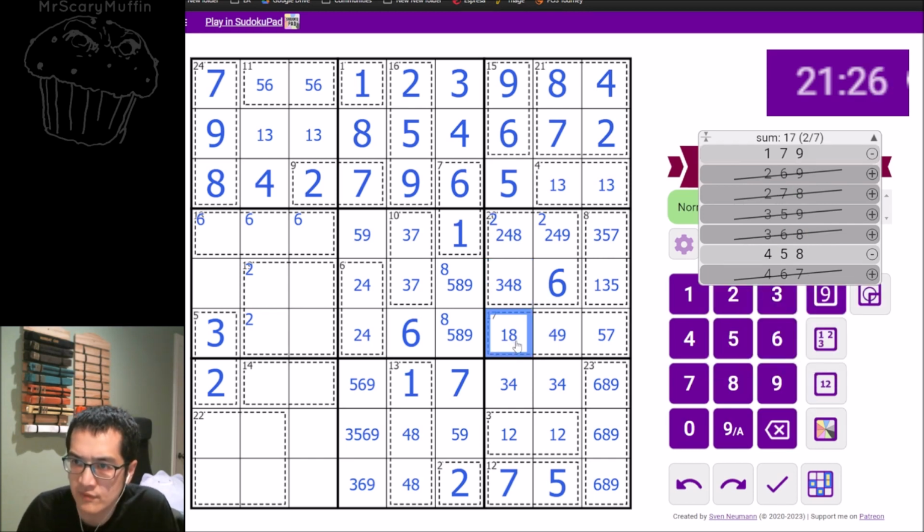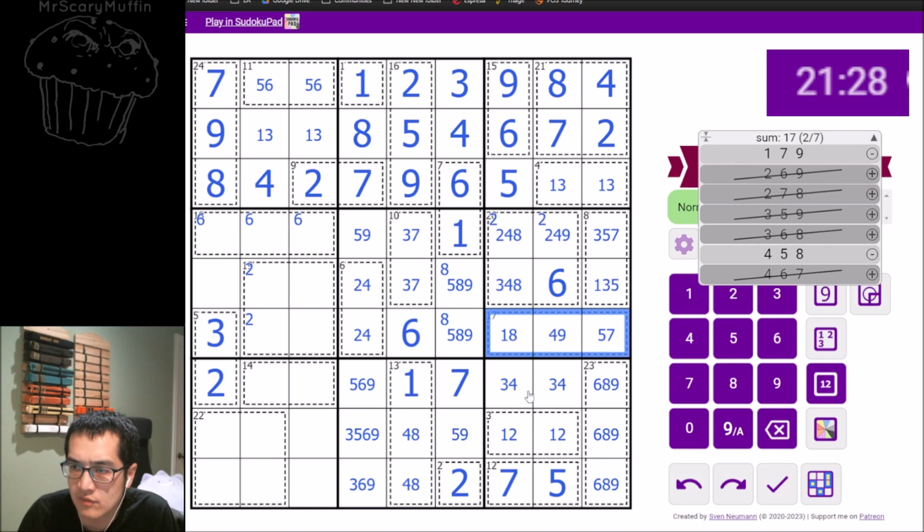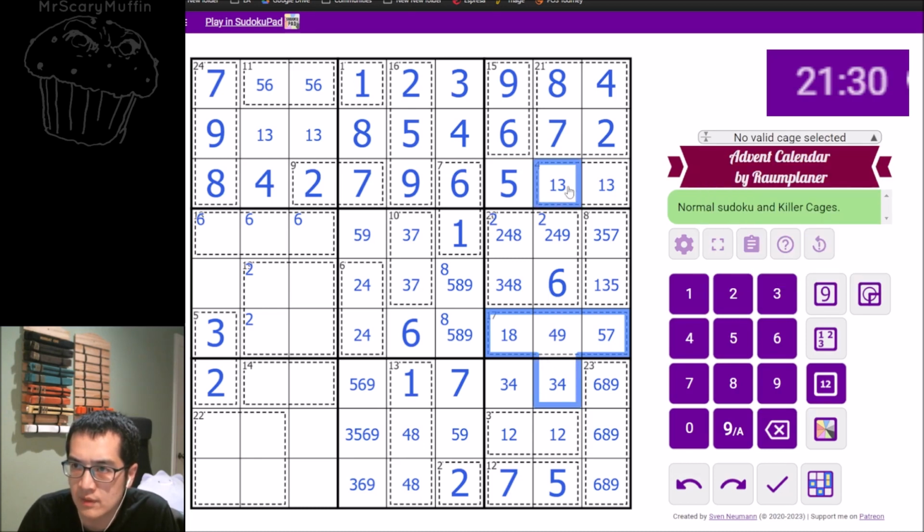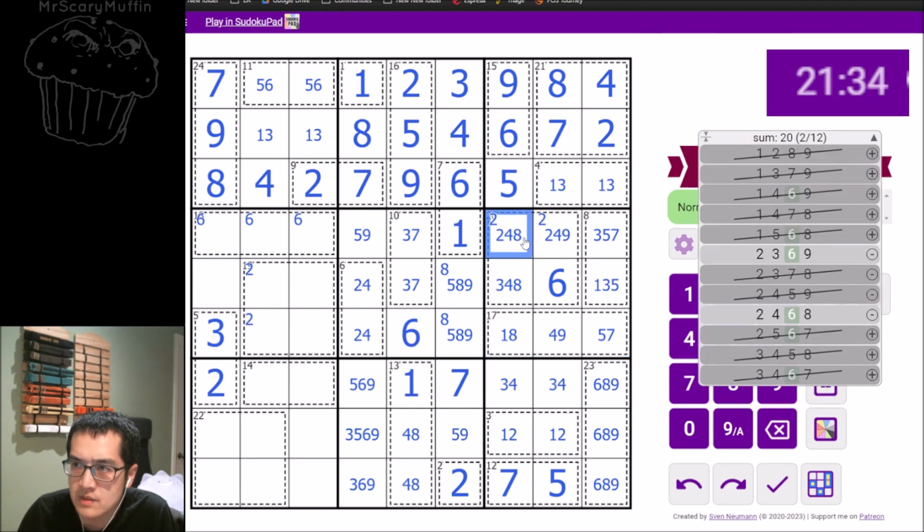So think about this one for a second. 8, 4, 5. Puts the 3 here, puts the 1 here. This will be a 3. This is a 1, 7. And then this becomes 3, 9. 2, 3, 9. Everything works.